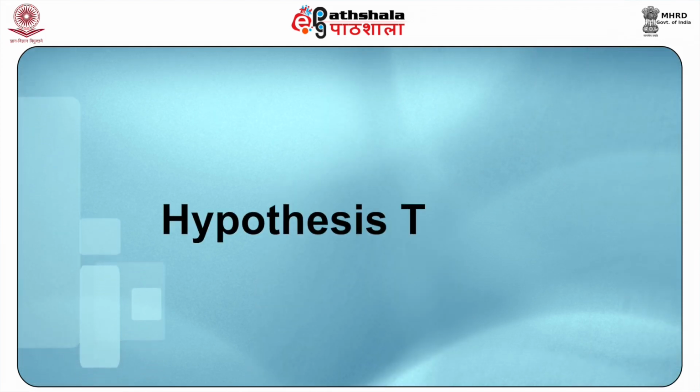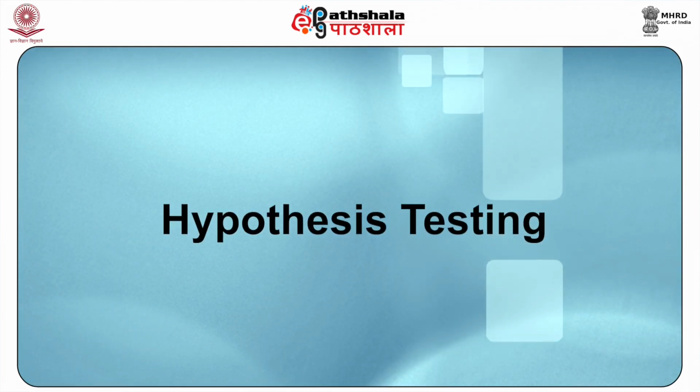It is for this set of X values, or test statistic values, that the null hypothesis will be rejected. A null hypothesis will be rejected if the sample estimate, or the observed value of the test statistic, lies in the rejection region. Moving on to discuss the errors in hypothesis testing.